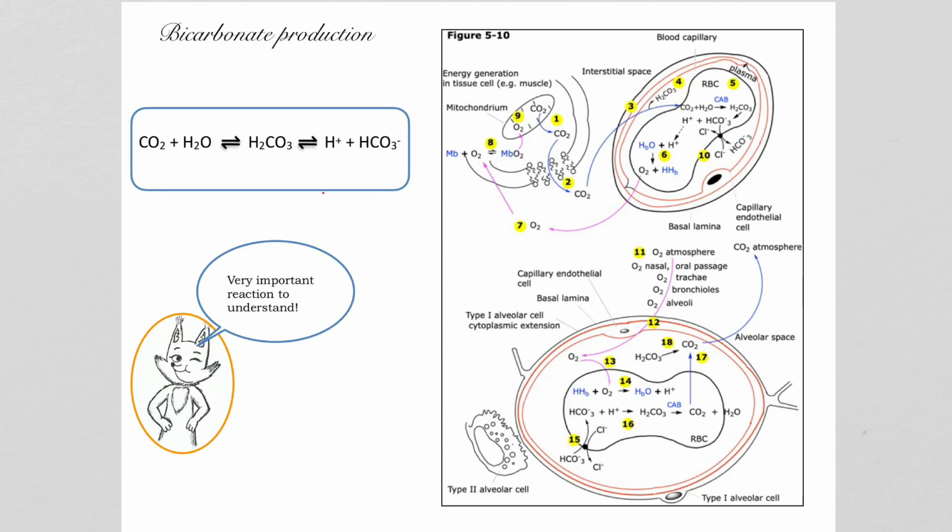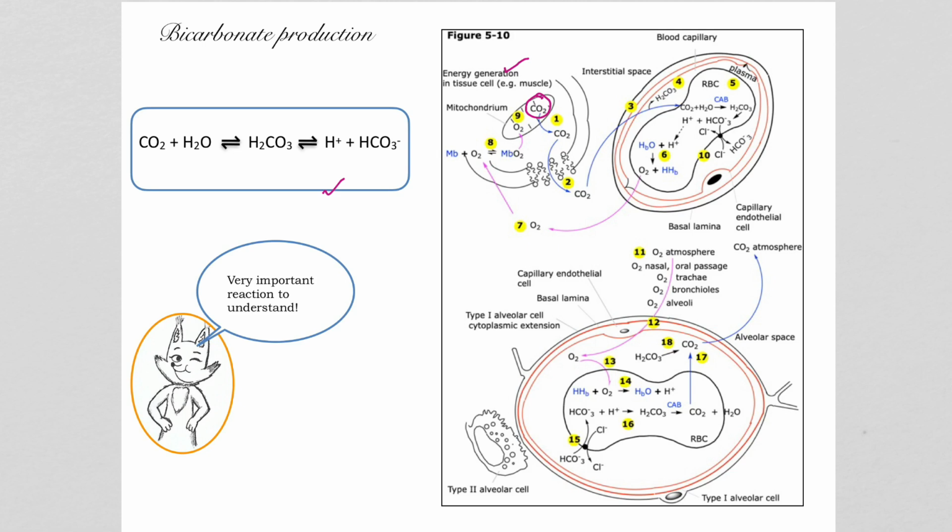Okay, so let's see how this equation is used in the body. So let's begin with the production of carbon dioxide. And as we mentioned earlier, one of the most important functions of cells is to generate energy.